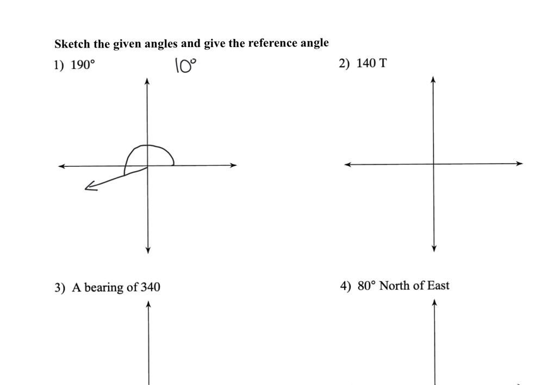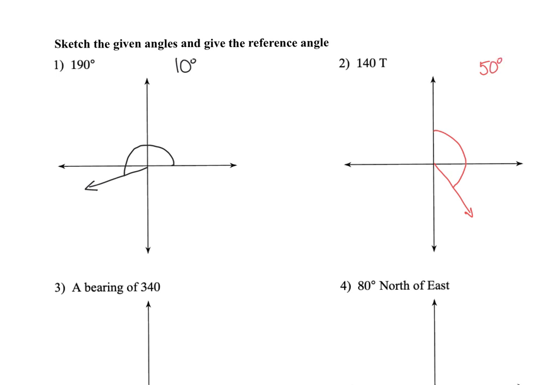I'm going to start due north, and I'm going to go clockwise 140 degrees, which means I start here, go around to there and drop it at 140. Then my reference angle is closest to the x-axis. What is my reference angle here? 50 degrees. I went 90, then another 50 to get to 140.